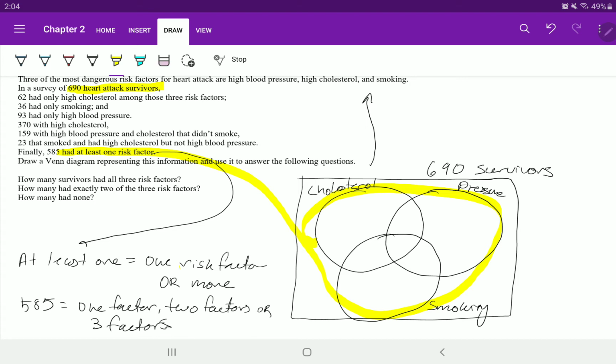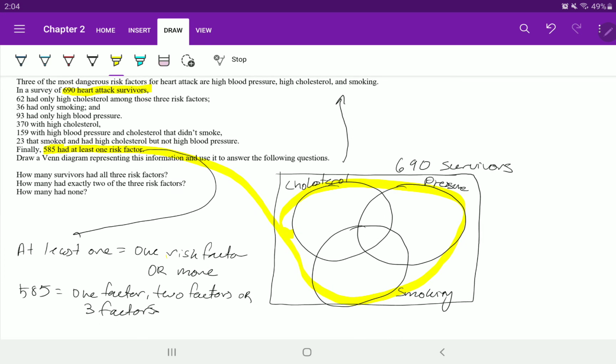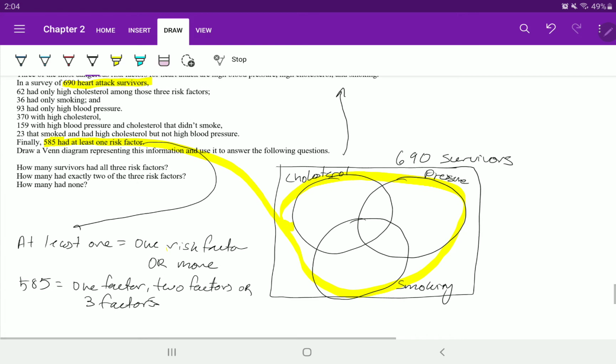So the sum of my circles must equal 585. And if that is true, which it is, we can find the outside total. Remember, we have 690 survivors in total. 585 people will be the sum of my three circles. Therefore, to find the outside part, I can subtract the 585 from the 690.